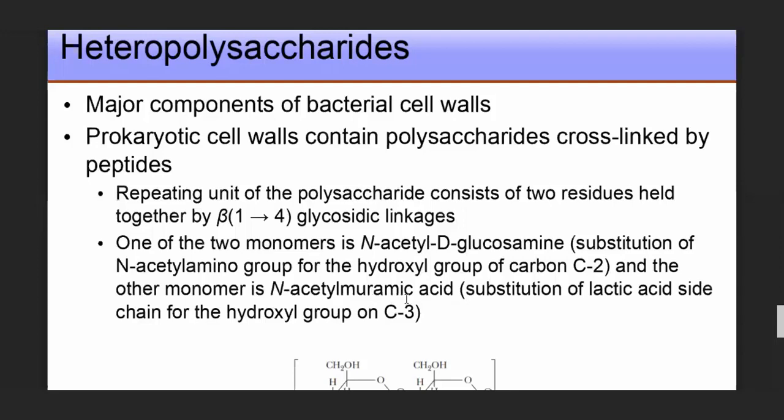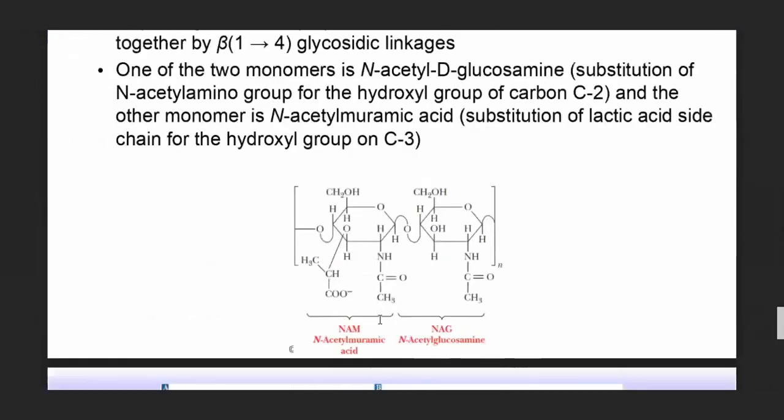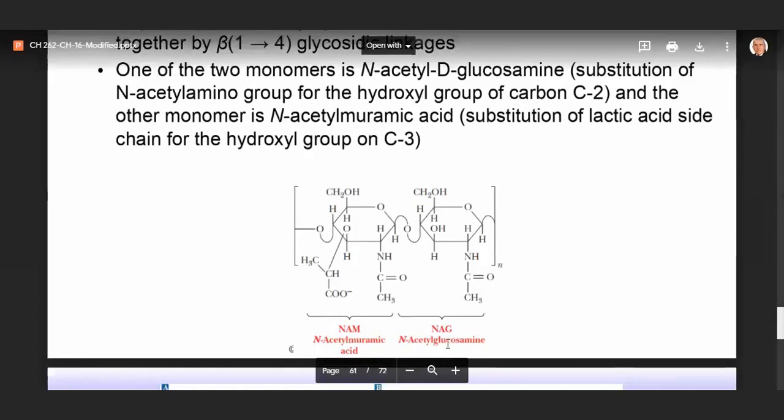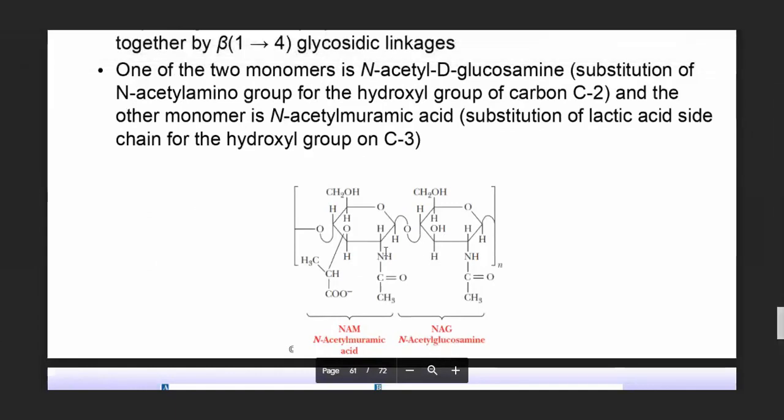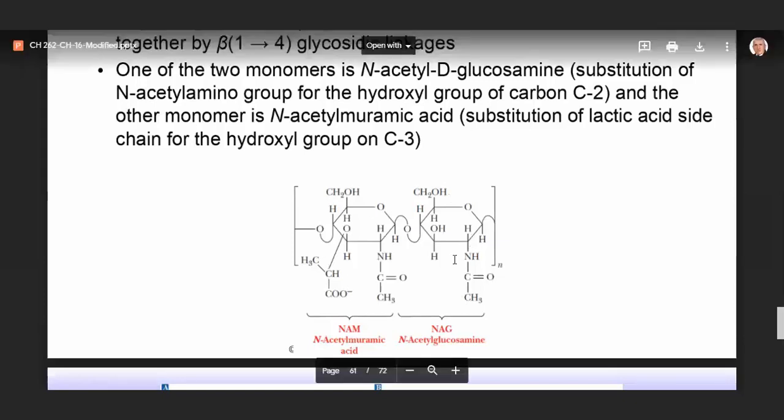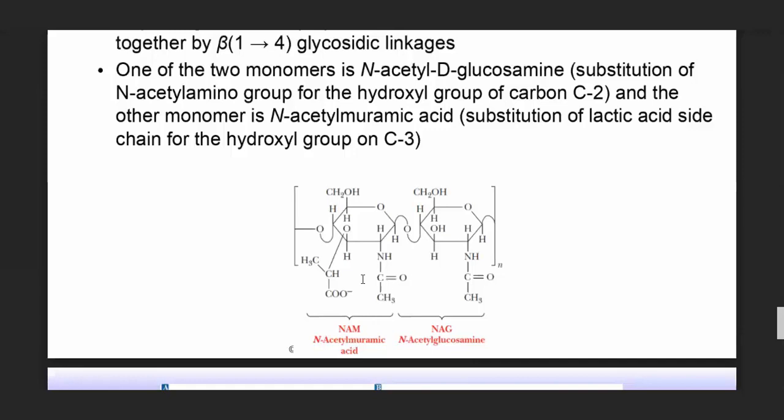This is the structure of N-acetylmuramic acid, and this is the structure of N-acetylglucosamine. They differ from each other by this group. This is the difference: substitution of lactic acid instead of OH at carbon 3.